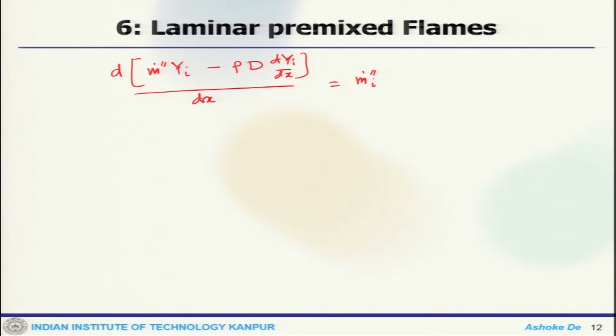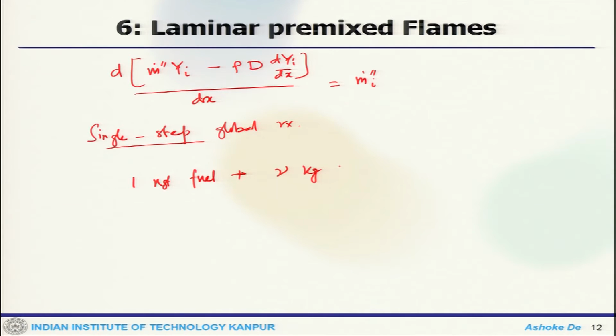Now, what we have assumed is a single step reaction. So, that is our simplified analysis, a single step global reaction. You can think about 1 kg of fuel plus nu kg of oxidizer giving you nu plus 1 kg of product.